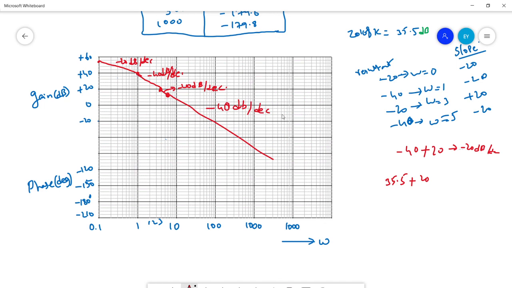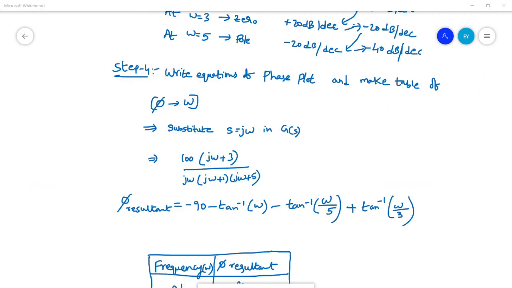So once the gain plot is done, the next step is to consider the phase plot. So the next step is to write the equation for the phase plot. Right? How we get the phase plot is by making use of poles and zeros. When you have a pole at origin, it will contribute minus 90 degrees.